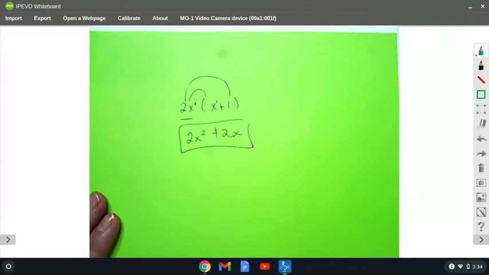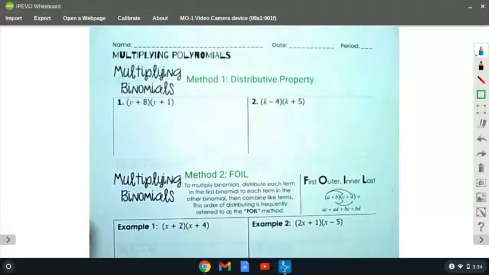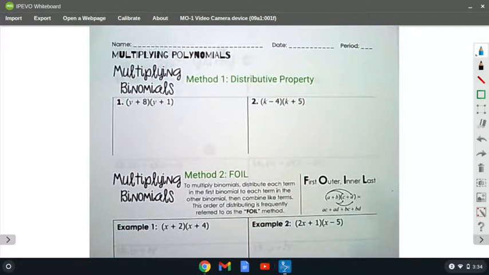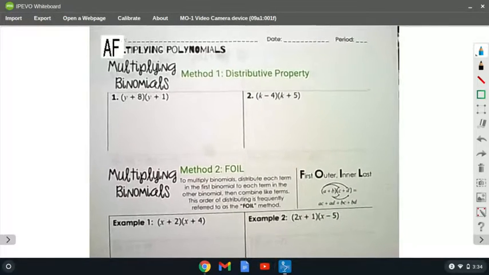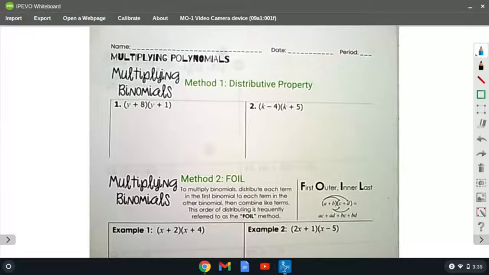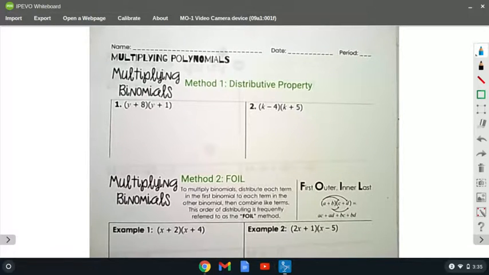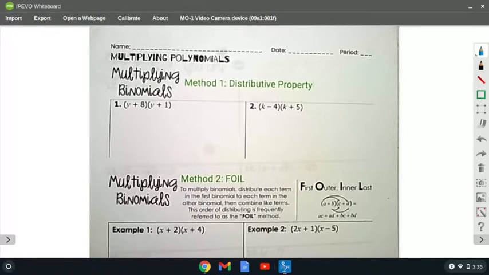Today we're going to beef it up a little bit. And we're going to be multiplying first binomials times binomials. There are 3 different ways that you can multiply binomials times binomials. The main way that we are going to focus on in this class is the distributive property.